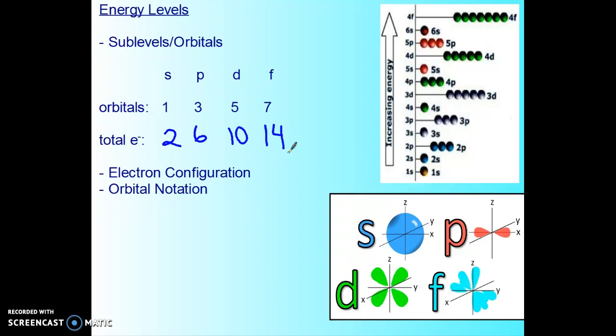Just because S is such a simple type of orbital, it's generally a little bit lower energy than P. P has different properties because it's a little bit higher energy, and it's also a different shape. And as you move higher, you'll see that 4S is a little bit lower energy than 3D, and so there are some different things that we'll learn about the rules for filling up these orbitals as we get to that.